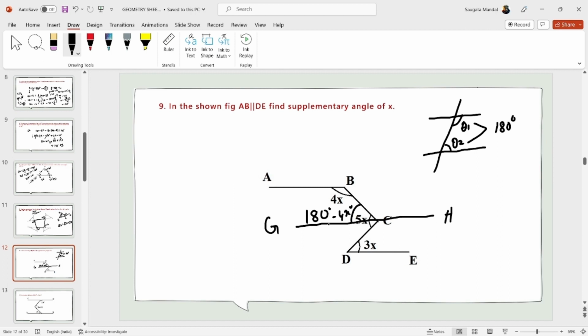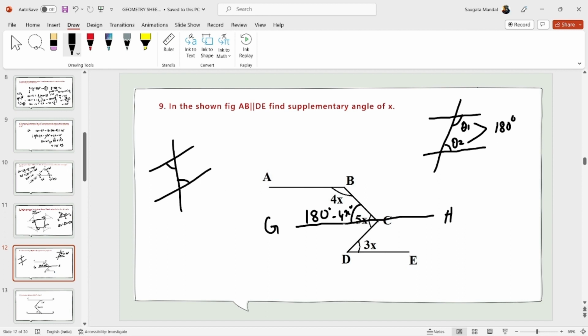And in the same way, we know that when two parallel lines are cut by a transversal, the alternate angles are equal to each other.